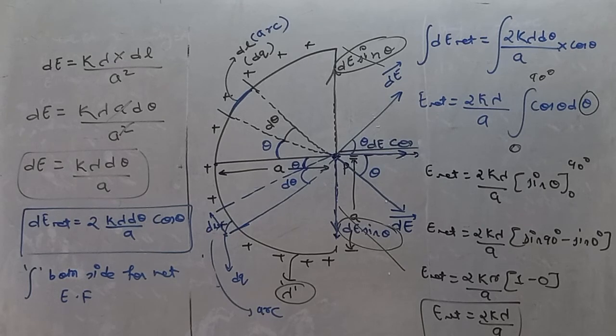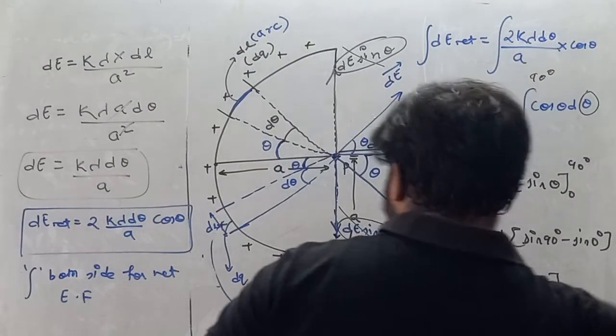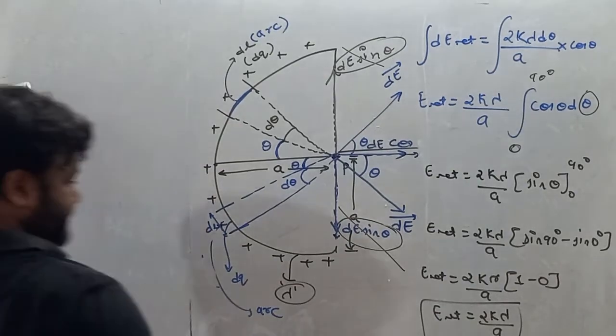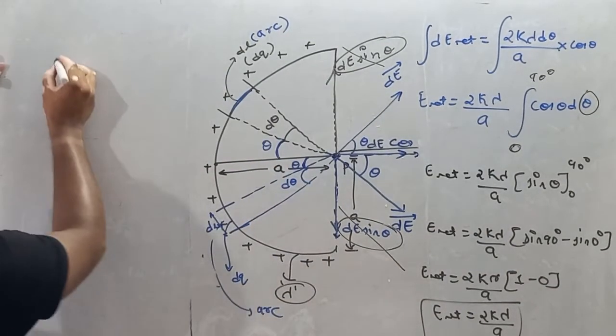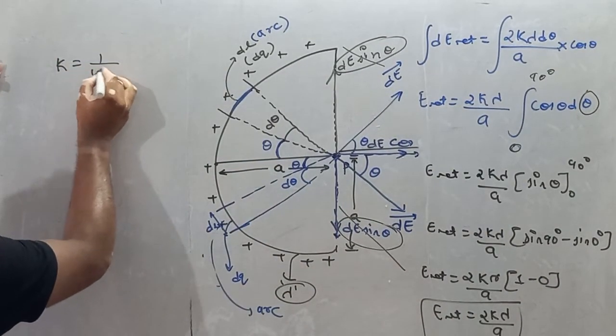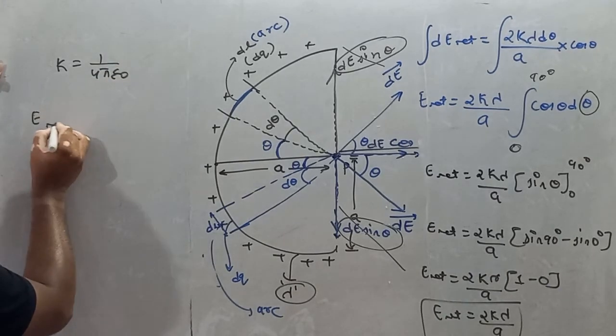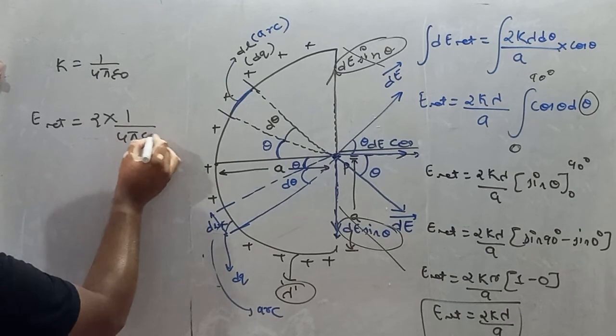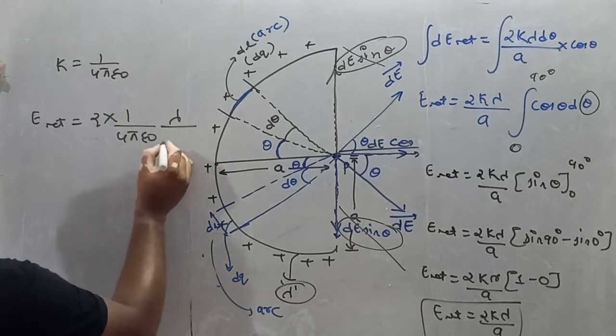Instead of k, you'll write 1 upon 4 pi epsilon naught. So E net is equal to 2 into 1 upon 4 pi epsilon naught into lambda by a.